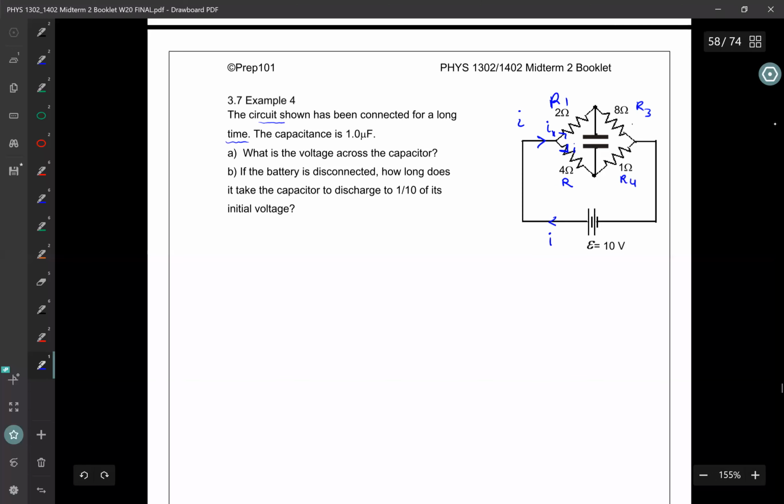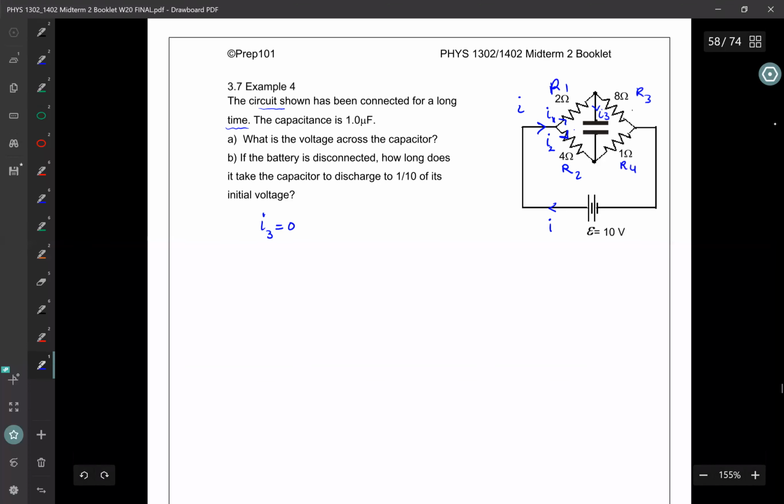So this is R2 and I have an I2. So it will branch out to I1 and I2. If the current was still running to the capacitor, then you will have an I3 here. But because the capacitor is full, the capacitor does not accept any more charges. So after a long time, I3 becomes 0. So we won't have any I3 anymore.